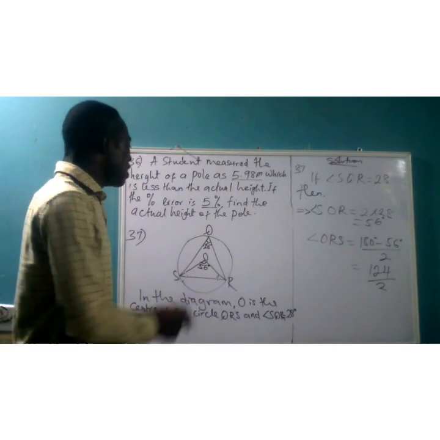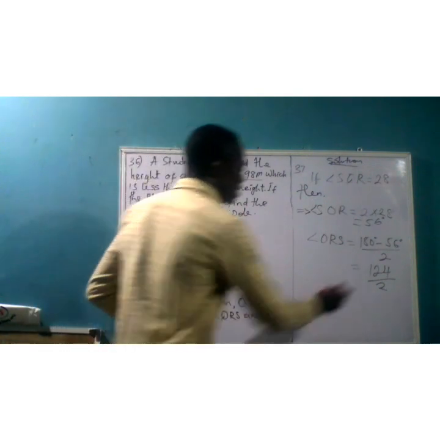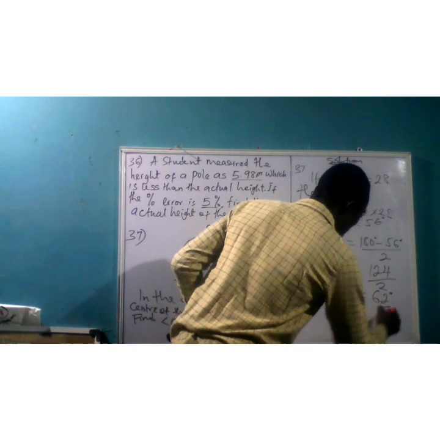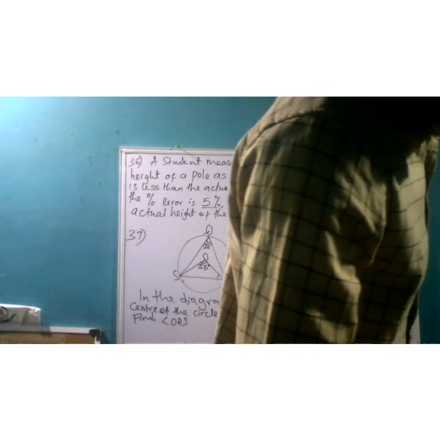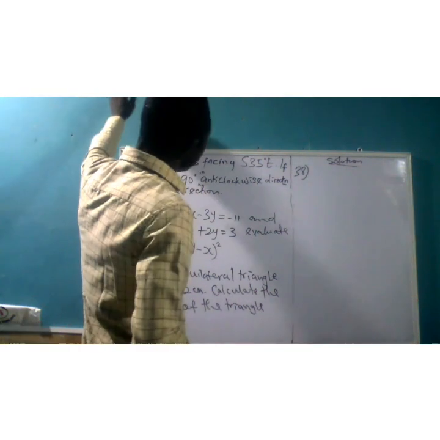For us to know the value of the remaining angles, that's 180 minus 56, which gives us 124. Since the two base angles are equal, to know one of them, just divide 124 by 2, and that will give you 62. So your answer is 62 degrees. If you look at the options, option B is the correct option. Now let's take question number 38.